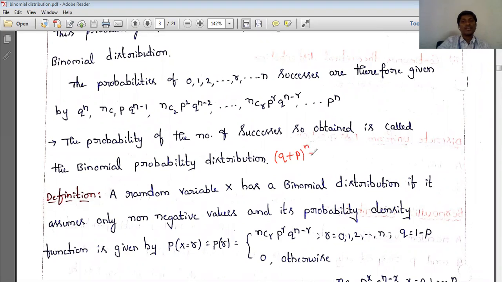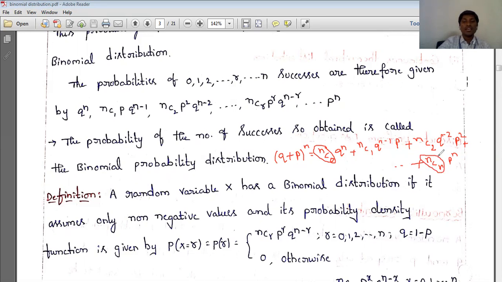So (q + p)^n is nothing but nC0 q^n, plus nC1 q^(n-1) p, plus nC2 q^(n-2) p^2, and so on, plus nCn p^n q^(n-n). Here nC0 is 1, and obviously nCn is also 1.